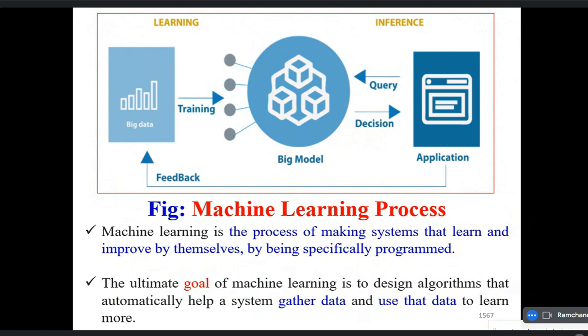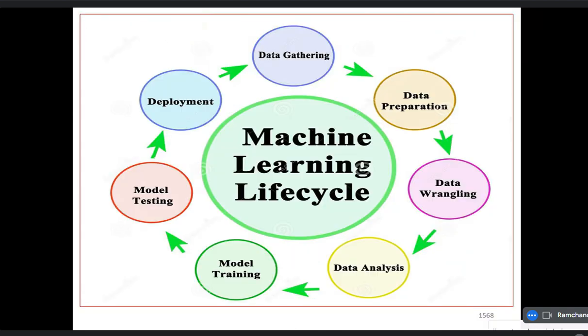So machine learning is the process of making systems that learn and improve by themselves without being explicitly programmed. The ultimate goal of machine learning is to design algorithms that automatically help the system gather data and use the data to learn more. So what is the machine learning life cycle like? Data gathering means we are collecting repositories from different places.